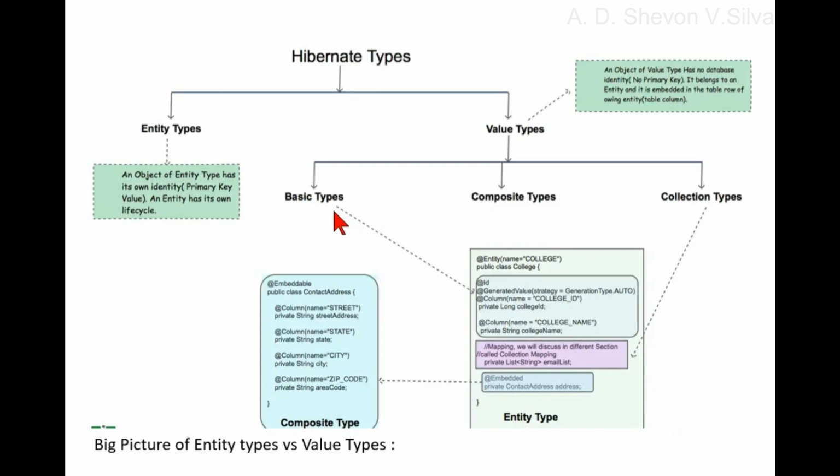Basic value types. Basic value types map a single database value column to a single non-aggregated data type. Hibernate provides a number of built-in data types.